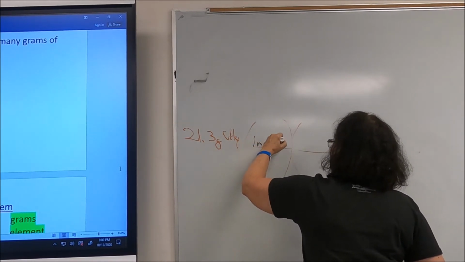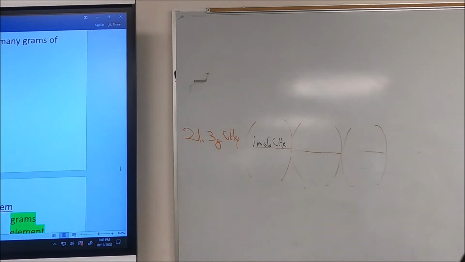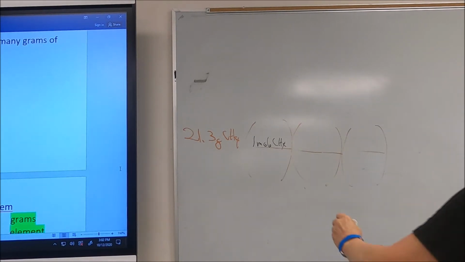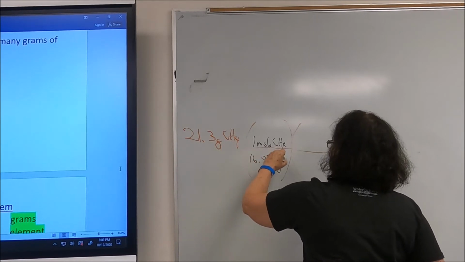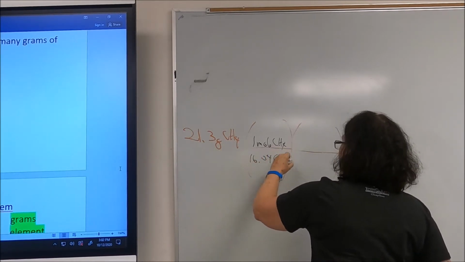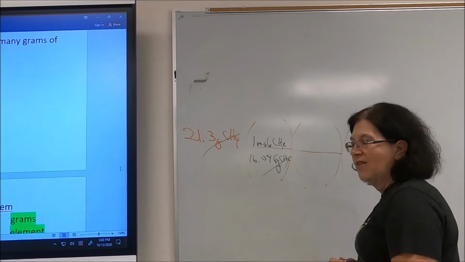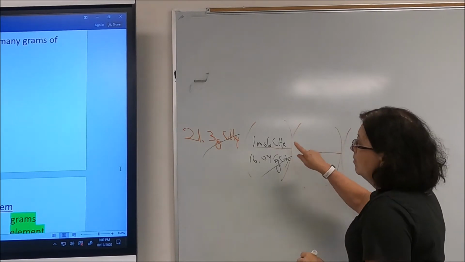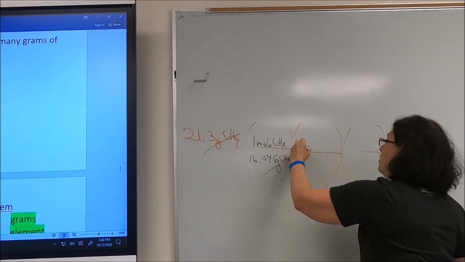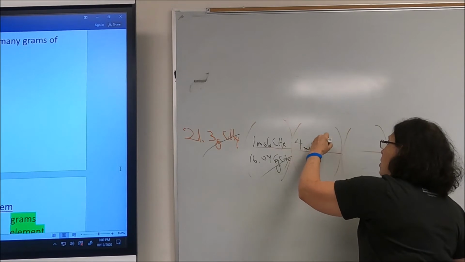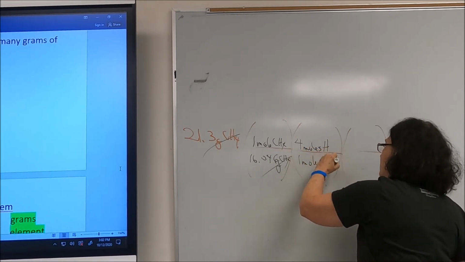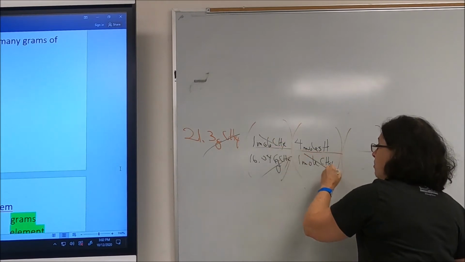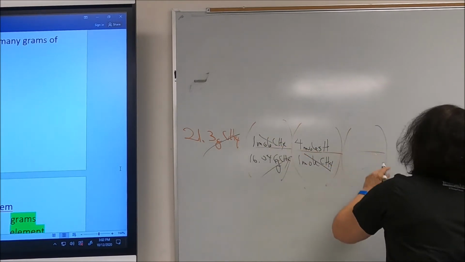So there's 1 mole of methane for every 16.046 grams of methane. So notice grams and grams of methane divide out. Now I'm going to use my mole ratio. There are 4 moles of hydrogen for every 1 mole of methane. So now moles and moles of methane divide out.